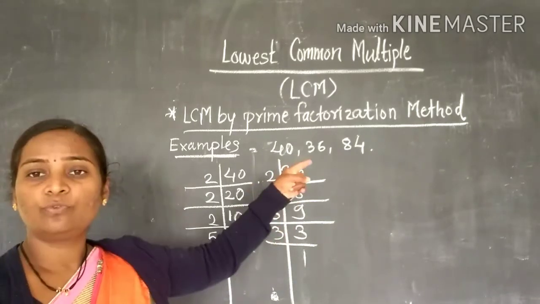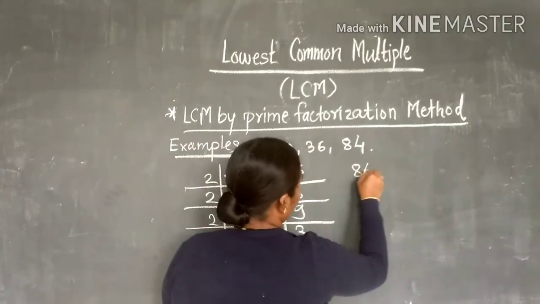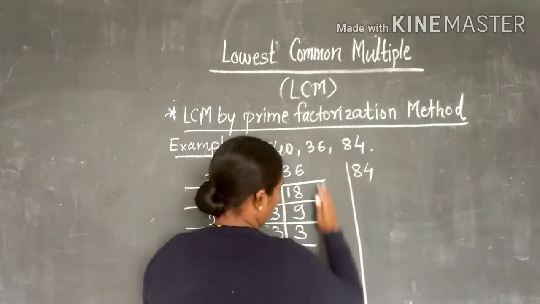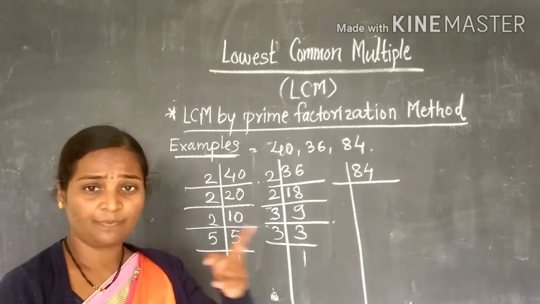Now we have to do the same for 84. See this, I have taken 84. Is 84 divisible by 2? 2 is the smallest prime number.